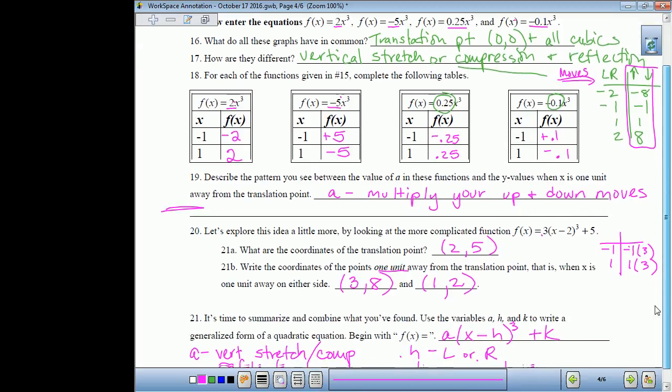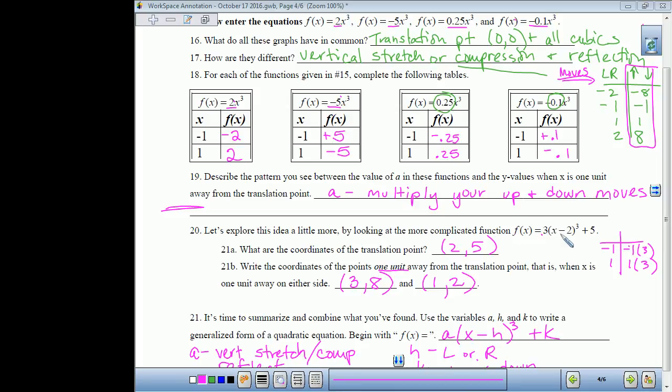All right, so this one kind of puts it all together. It's going to be shifted to 2, 5. But now this 3 says if I go left or right 1 unit, instead of going left 1, down 1, I'm going to go left 1 and down 3 because of the 3.